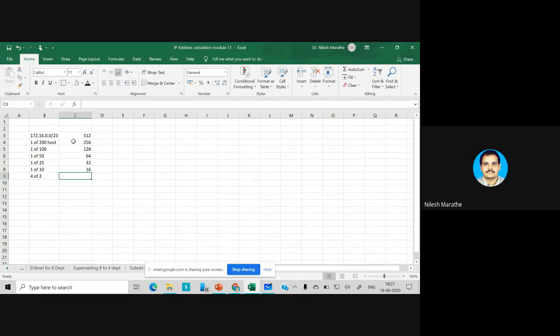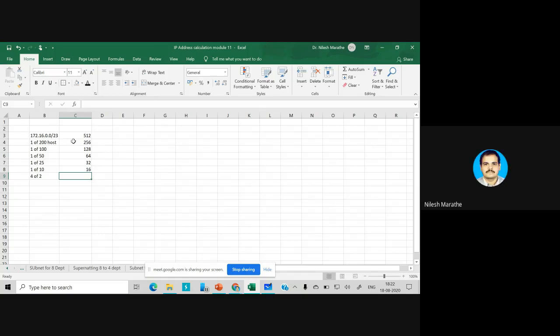What about this? 2 hosts are required, so you need 2 bits for it.